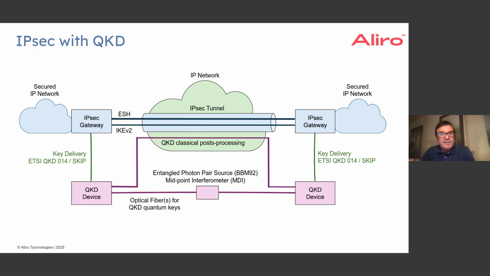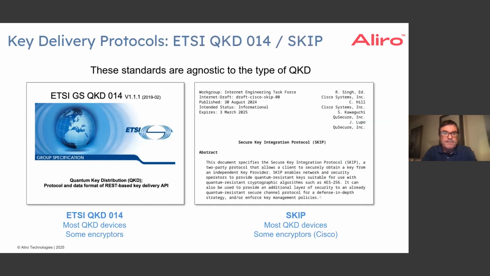Once the QKD devices have produced a key, they hand this key over to the IPsec gateway using a so-called key delivery interface. There are two different protocols for the key delivery interface. One is ETSI QKD 014, which was standardized by the European Telecommunications Standards Institute.